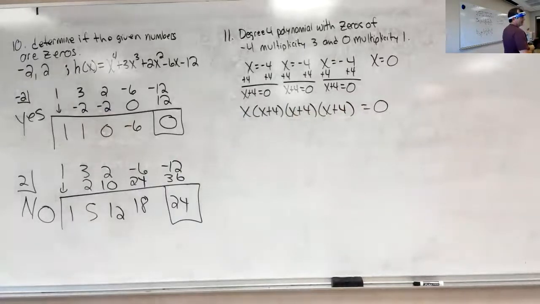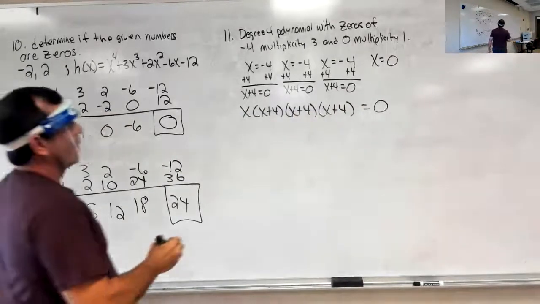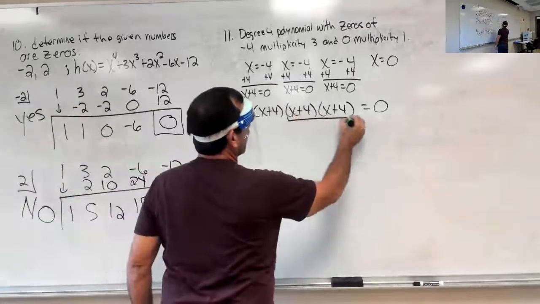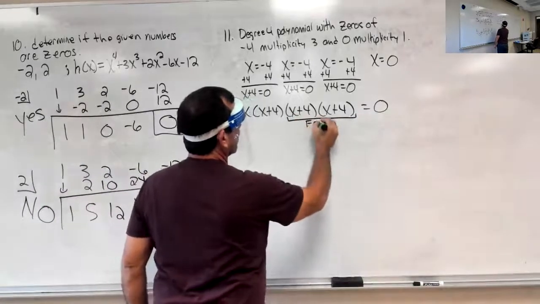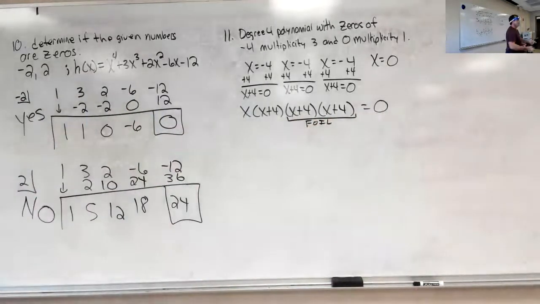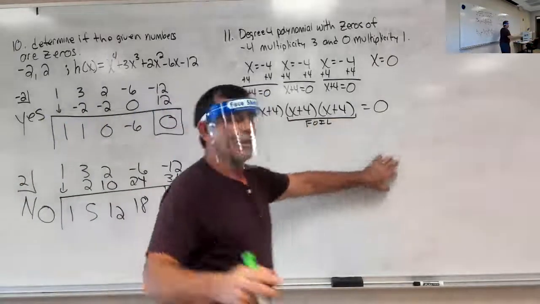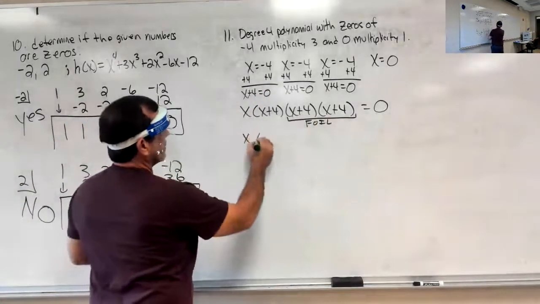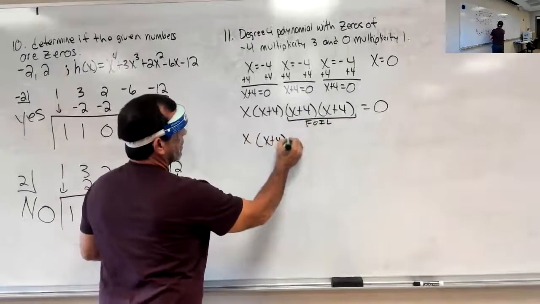So now the fun part. First thing I'm going to do is FOIL the last 2. So are y'all good at FOILing? If you're good at FOILing, can I just go to the answers instead of doing all the side work? Yeah. Okay, so I'm going to bring down that x plus 4.